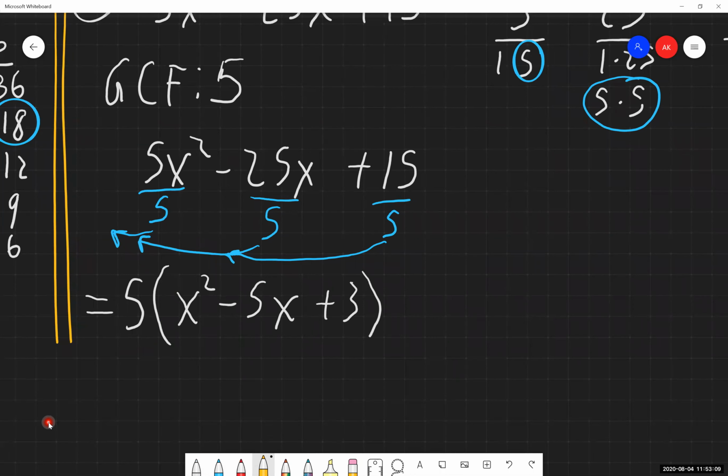Because while we are, yes, dividing, air quotes around that, each of these terms by 5, we're actually just factoring out a 5 from the original expression and writing our new answer in this form. So we get this as our final factored form of the original problem.